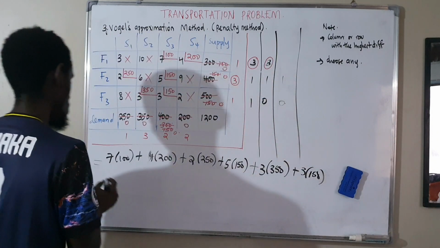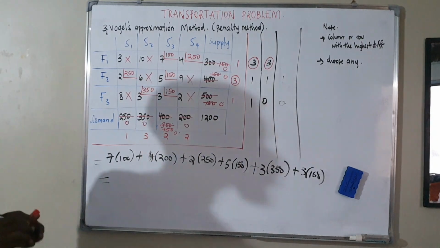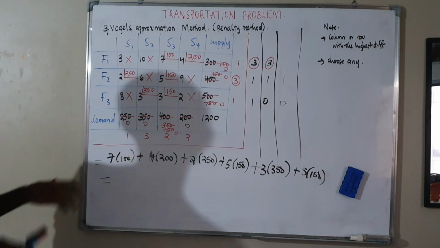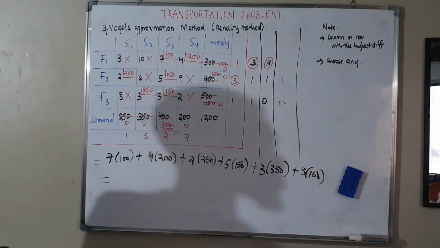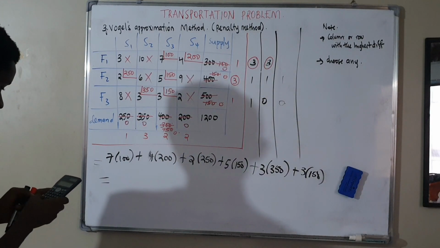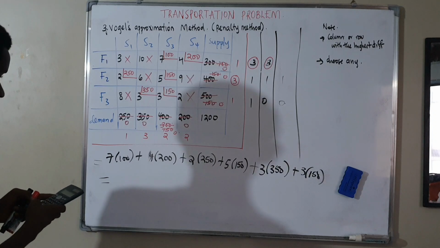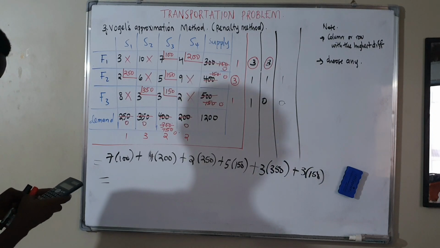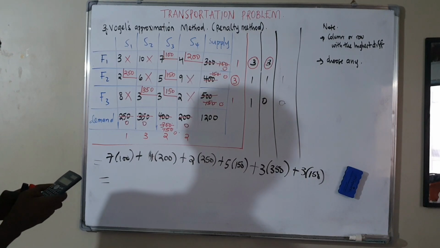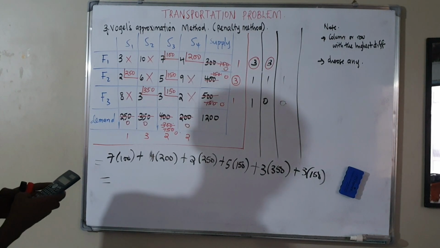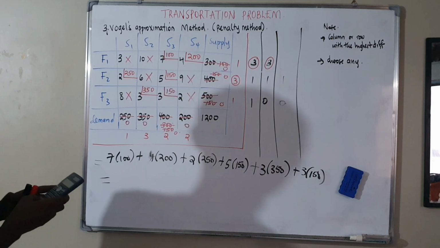Getting this answer gives us the transaction cost of transporting commodities from a given factory to a given store. It's going to be 7 into 100 plus 4 into 200 plus 2 into 250 plus 5 into 150 plus 3 into 350, then plus 3 into 150.